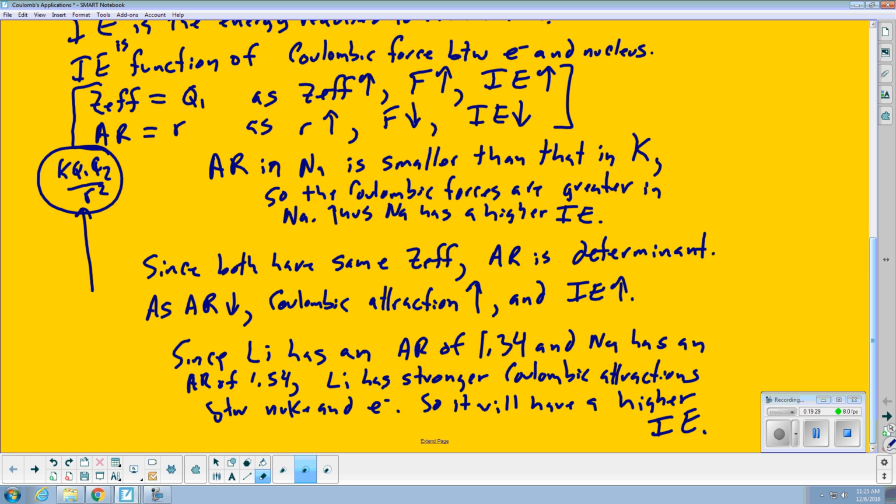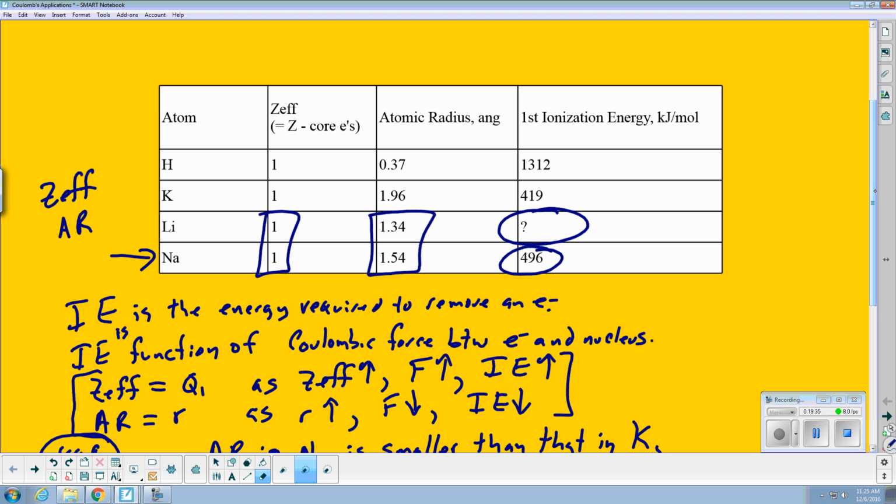Great. Do you trust me? Do you believe me? Well, let's take a look at data. The ionization energy of lithium, according to Brown and LeMay, is 520 kilojoules per mole. And that indeed is greater than sodium.